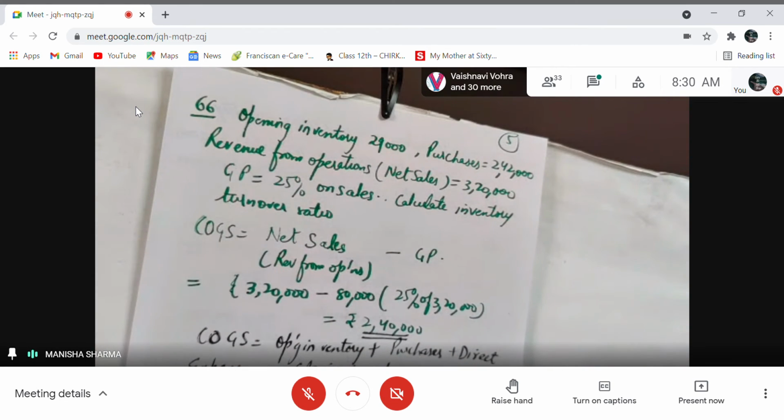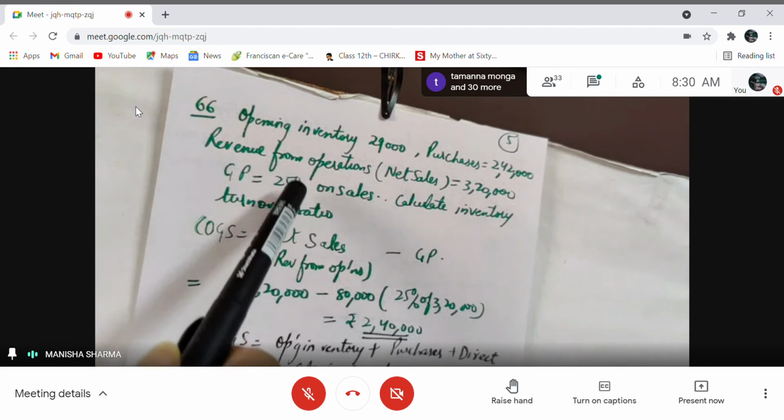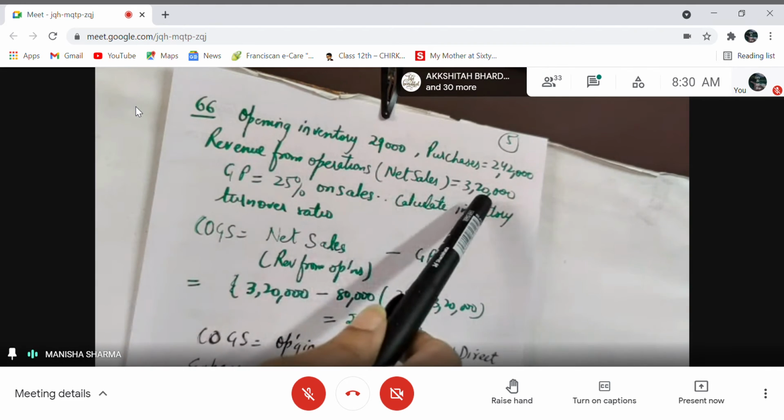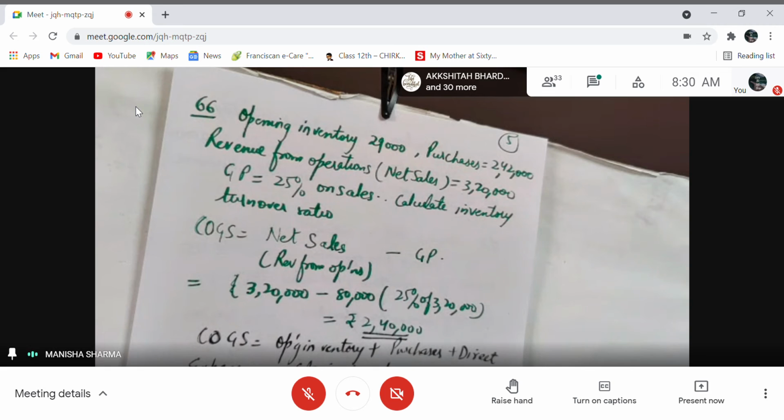GP, as I told you in the beginning, is sometimes not given, and a certain percentage is given in order to calculate GP. Now, this is direct information. GP is equal to 25% on sales. It means sales are already given, 3,20,000, that is revenue from operations. So 25% of 3,20,000 will be GP in this case.